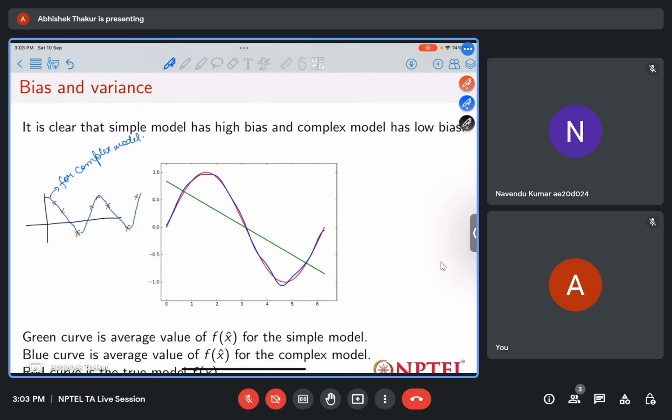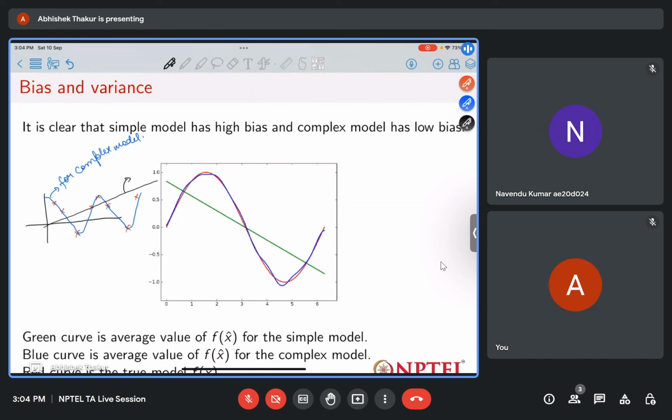And let's suppose we have a very plain model like this black line. Why is this black line here? Because the mean squared error from the black line is minimum when you calculate it for each of the points in the data set.